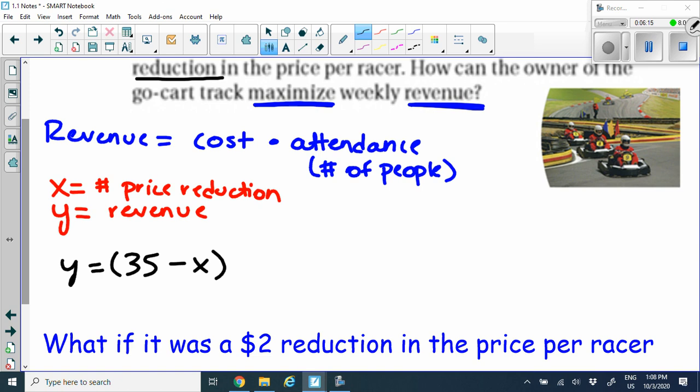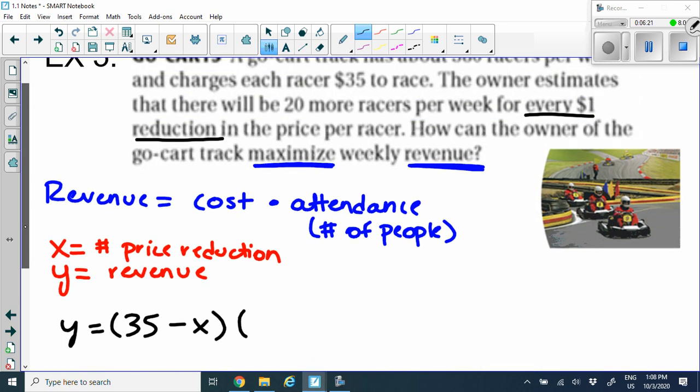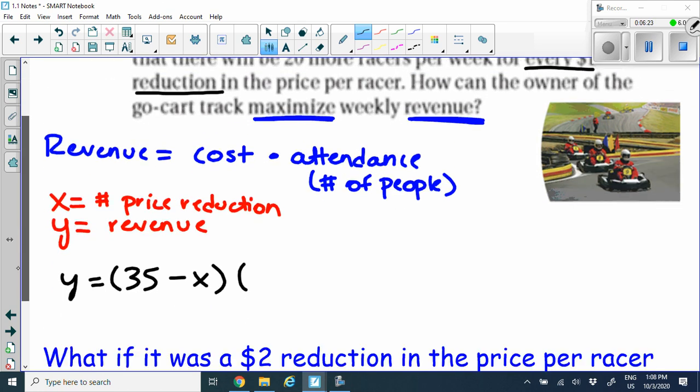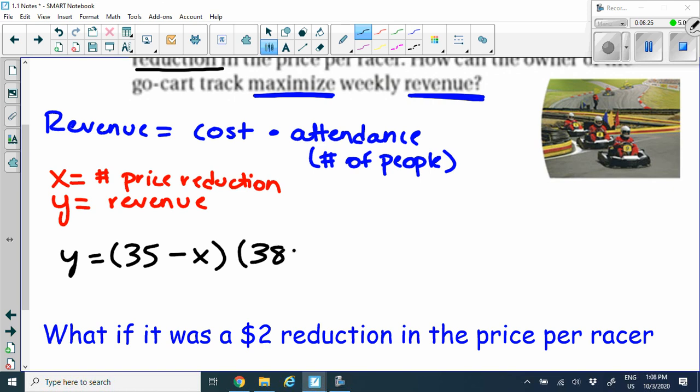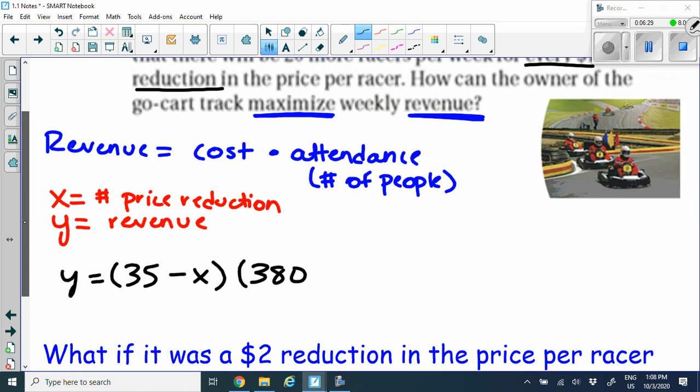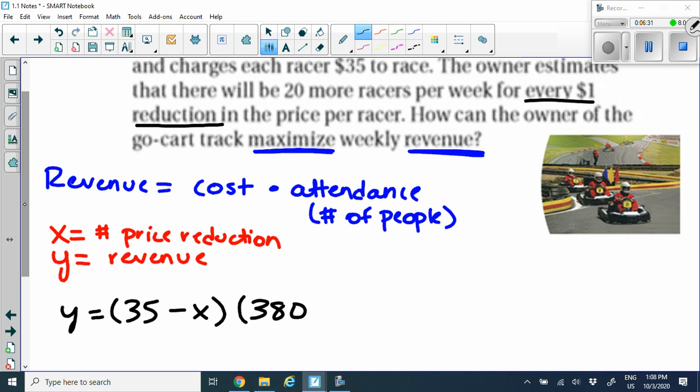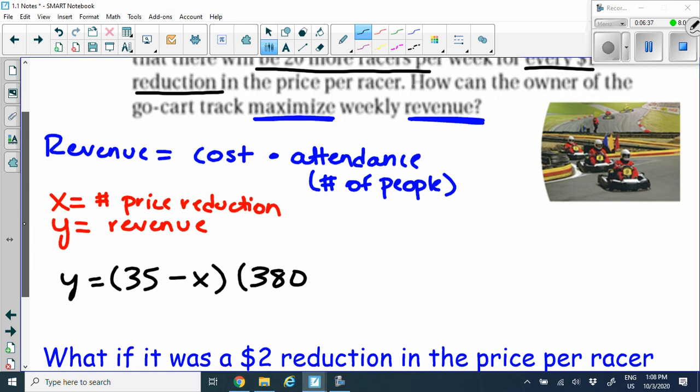Now, let's talk about the attendance, the number of people. Initially, he usually has 380 people that come per week. So that's what he has initially. But if we reduce the price, what happens to the number of people? Well, it says that there will be 20 more racers per week every single time he reduces the price.